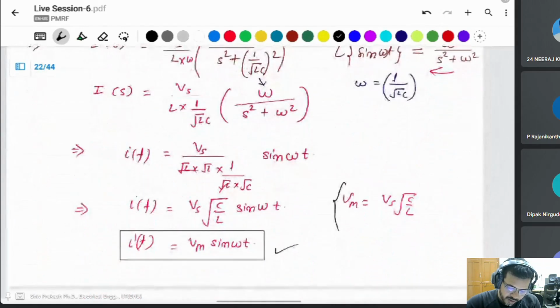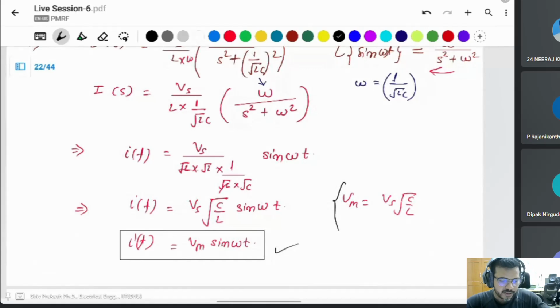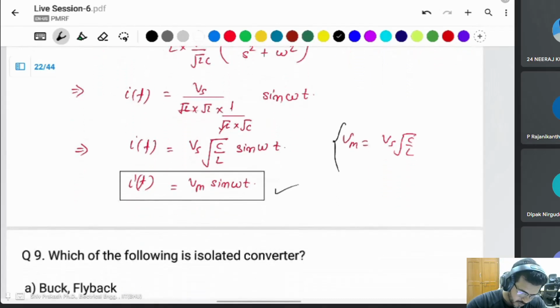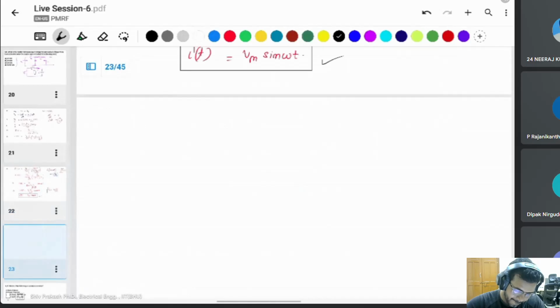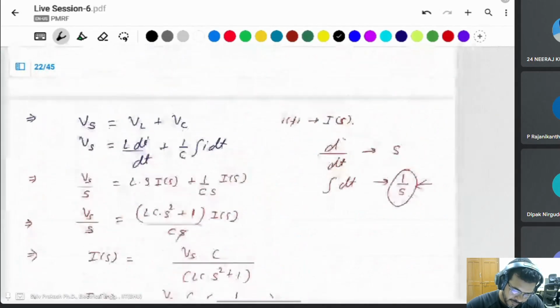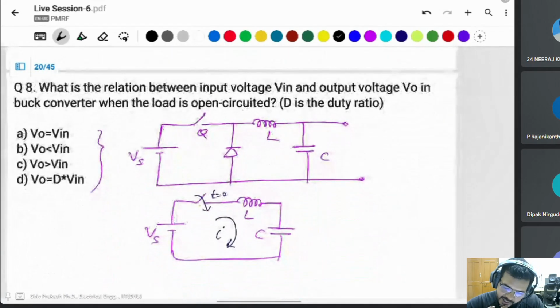For this question, the current will be Vm sin omega t. Then what happens if you apply this?